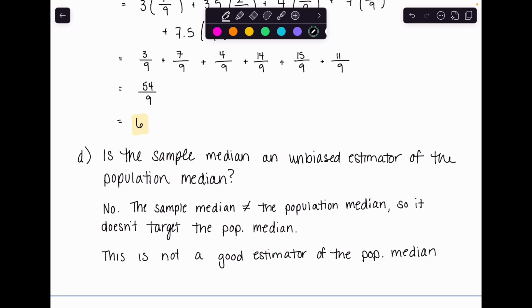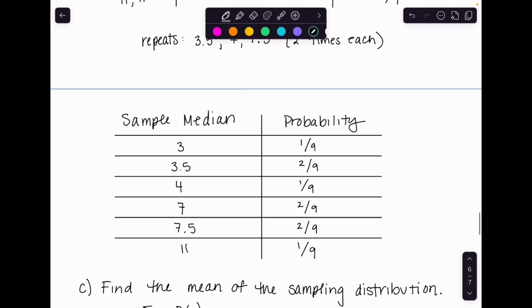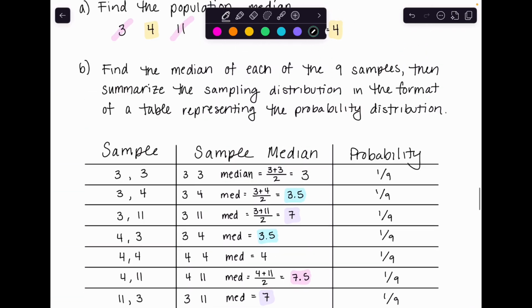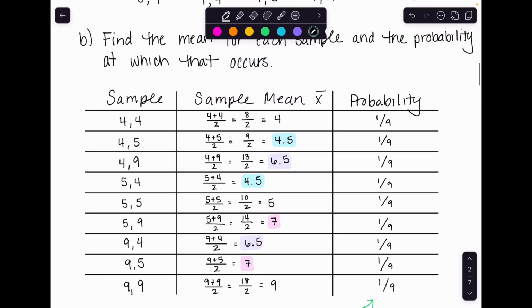So that is really it for this section. You can see these problems definitely take quite a bit of time, so you can't reasonably be given a ton of them on any given test, especially if median, not so difficult to calculate for 9 things. The mean also, back up here, not difficult to calculate for 9 samples.